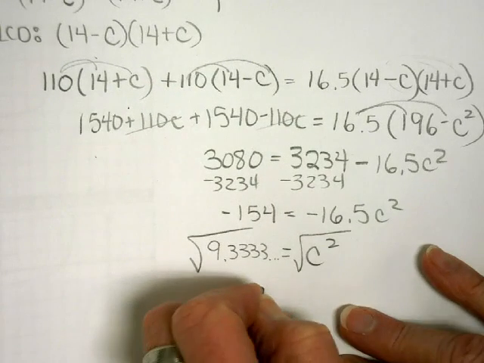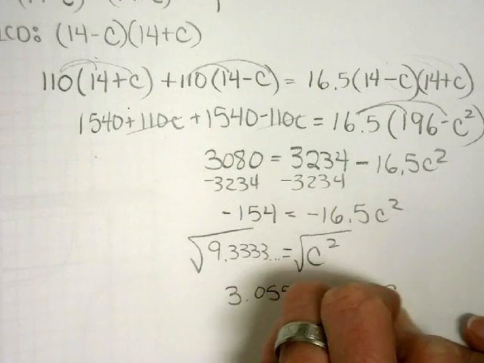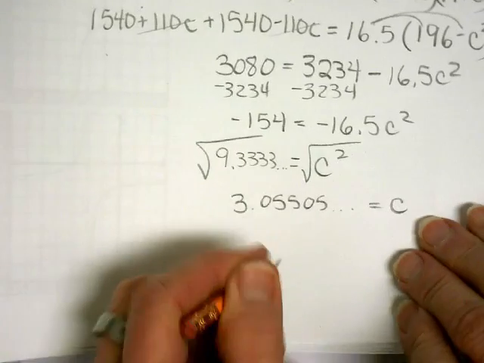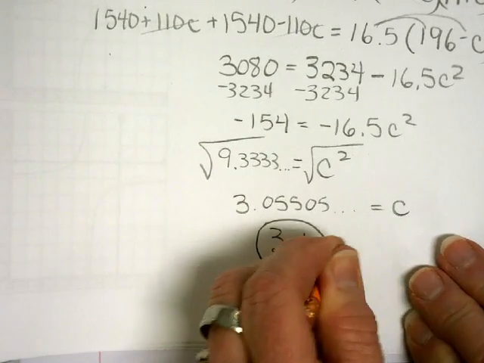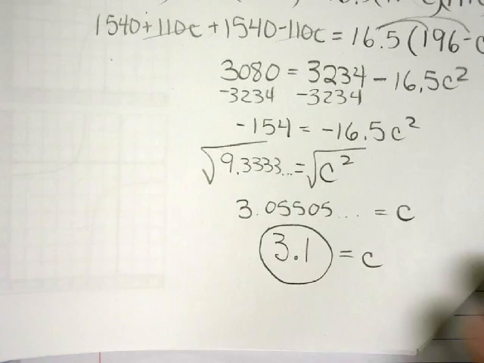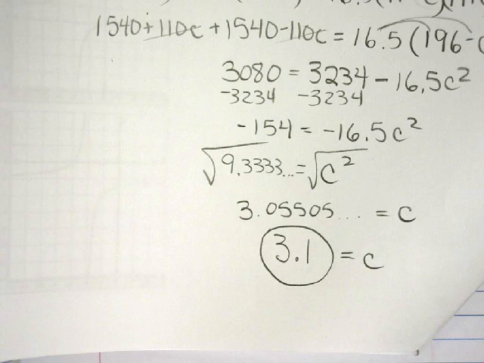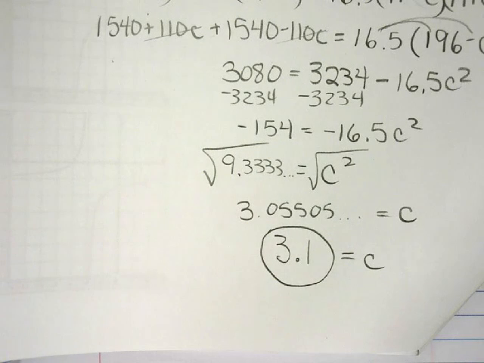So 3.05505, etc. See, if I rounded early, I might not have gotten an accurate decimal. And it says up here, round to the nearest tenth. So it's 3.1 miles per hour. That is my last problem.